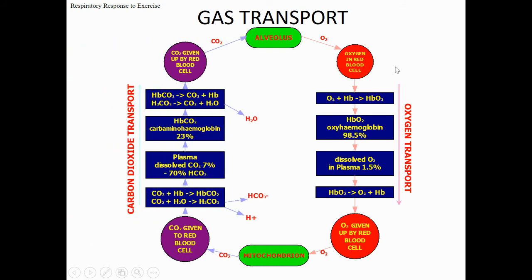So we can see here how that's done, and we can see often it's carried within the red blood cell where we create oxyhemoglobin. Some of that oxygen is dissolved in plasma, and then it gets to the mitochondria within the muscle, and then how that carbon dioxide is then taken away back to the alveoli in our lungs.